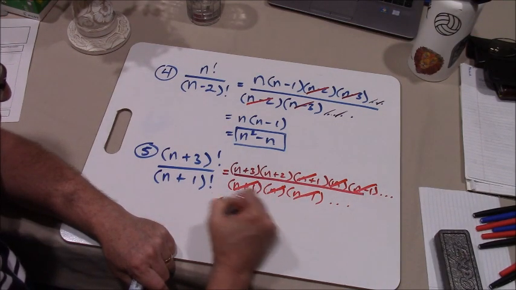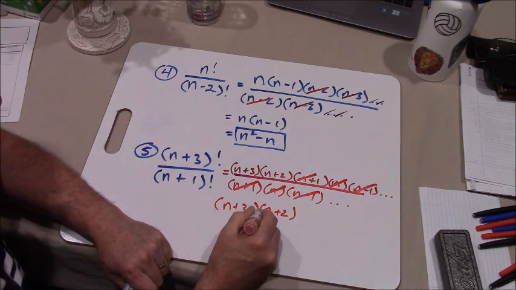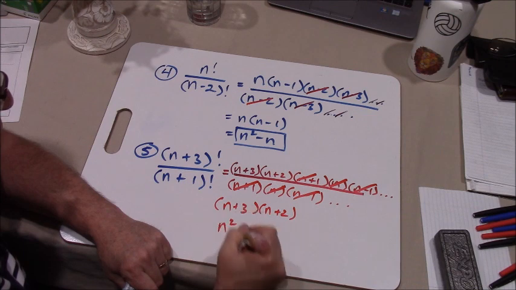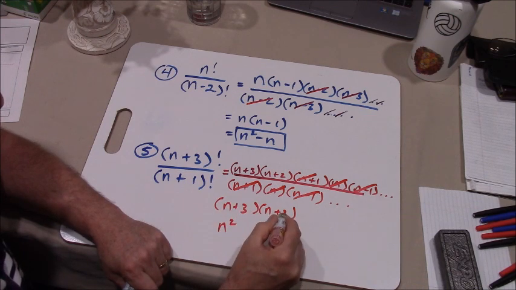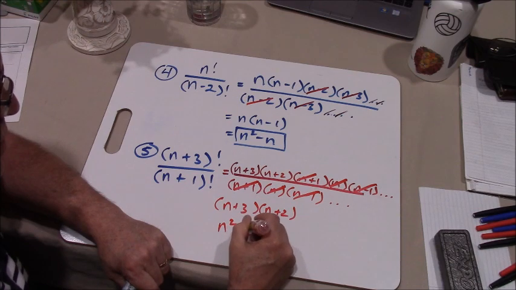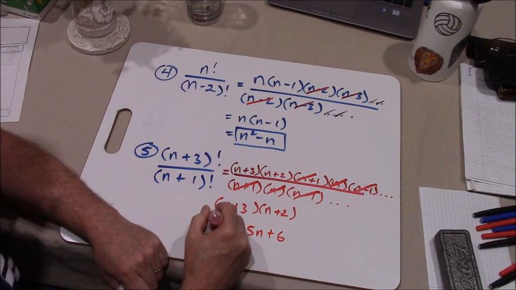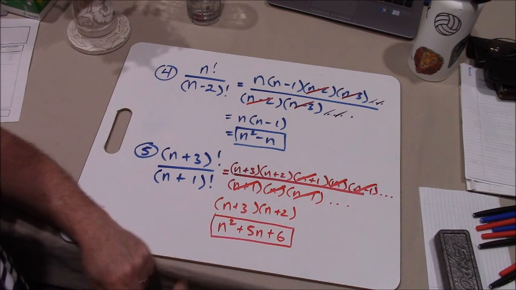N plus 3 times n plus 2. If I FOIL this, I'm going to get n squared plus 2n plus 3n, add those together, you get 5n, and then plus 6. There's my answer.